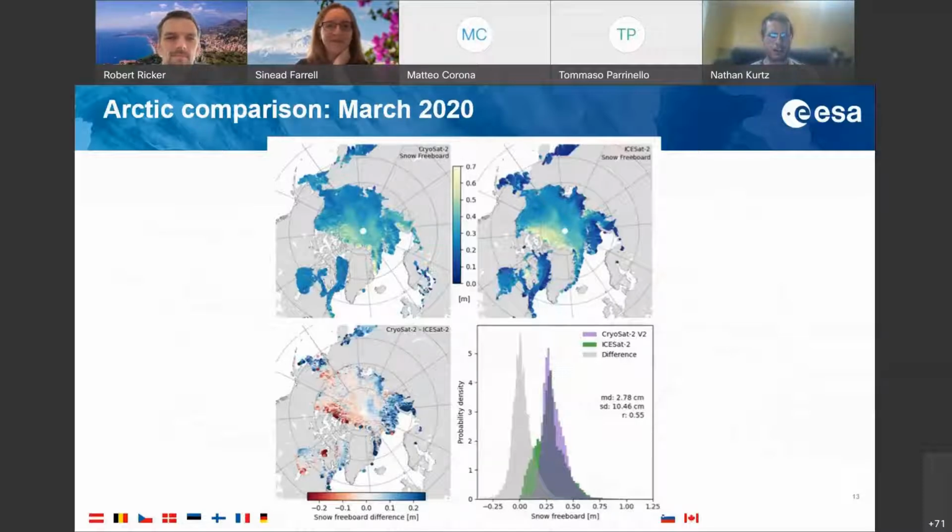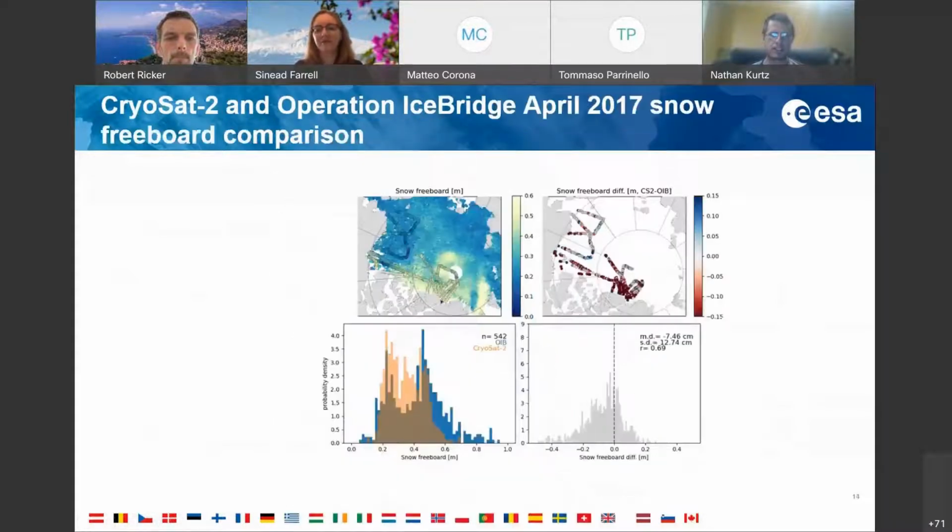For the Arctic, we also compared the same method, again seeing does this approach work well for the Arctic. So again, this is just one representative month. We did find pretty good mean difference, I'd say moderate correlation.